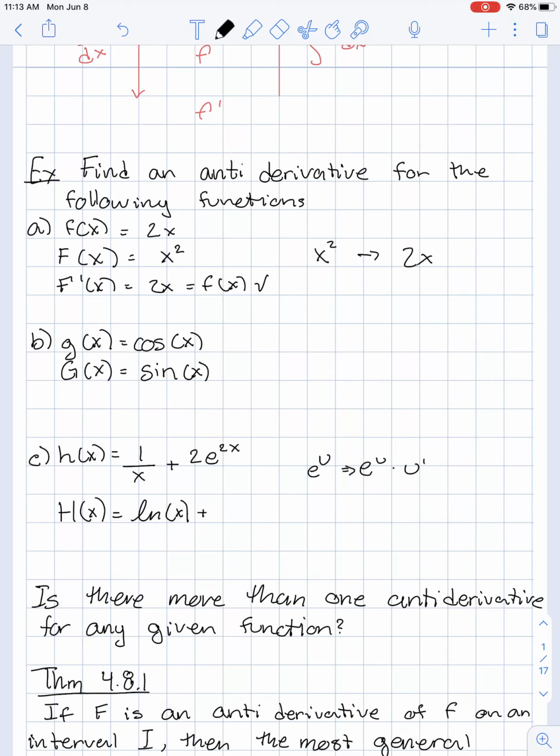Oh, those aren't equal. Okay, so e to the u here is e to the 2x, times 2. Well, that means that it's the derivative of e to the 2x. All right? We're going to learn more antiderivative rules, so these will become a lot easier.